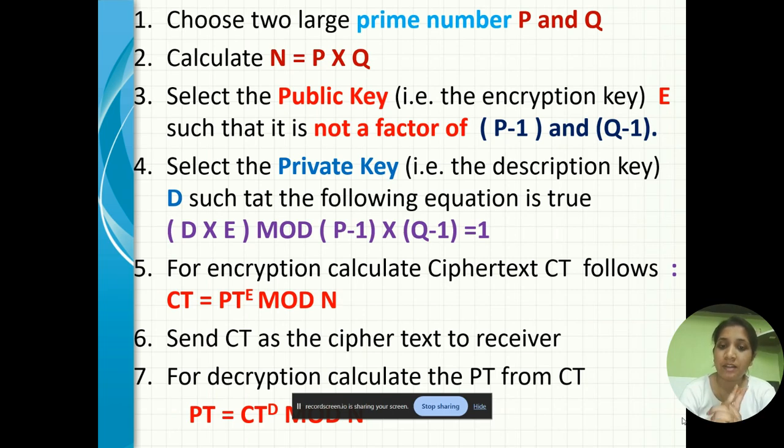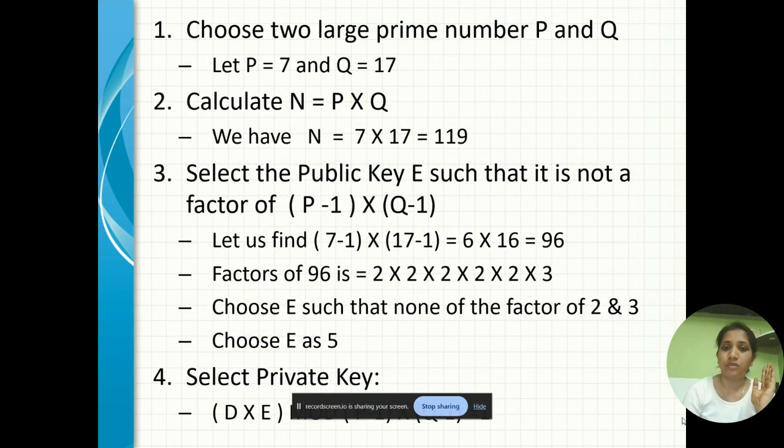For encryption, calculate the ciphertext ct equals pt raised to e mod n. Send the ciphertext to the receiver. For decryption, calculate the plain text as ciphertext raised to d mod n.